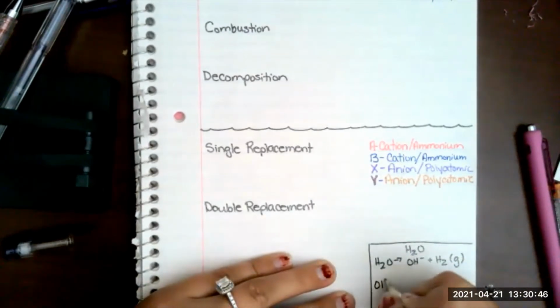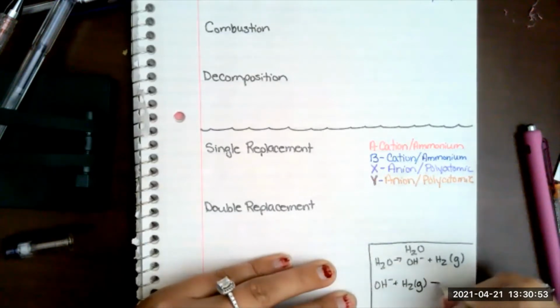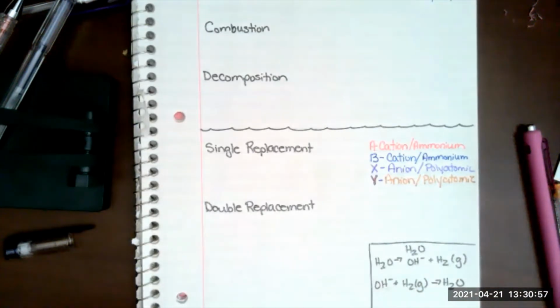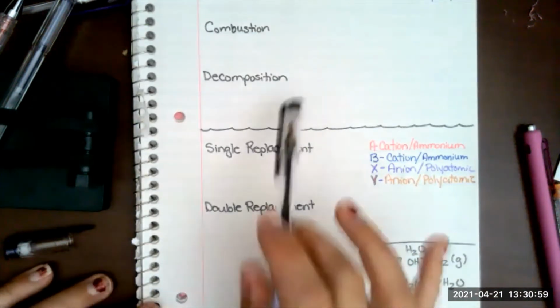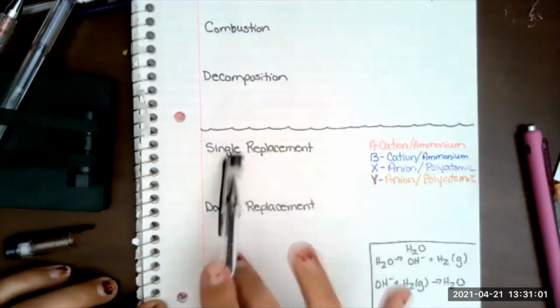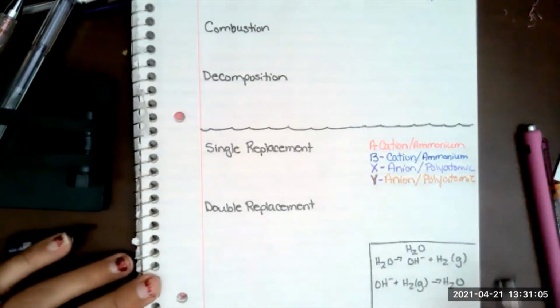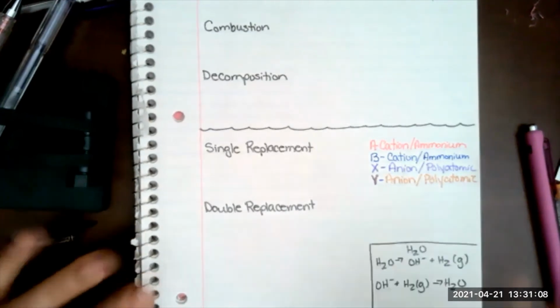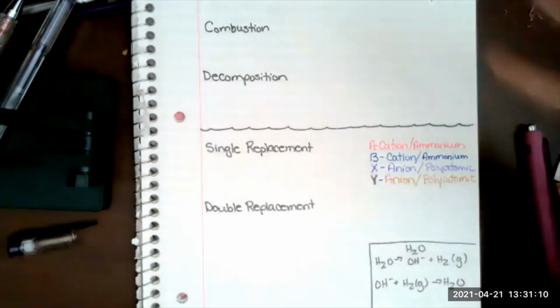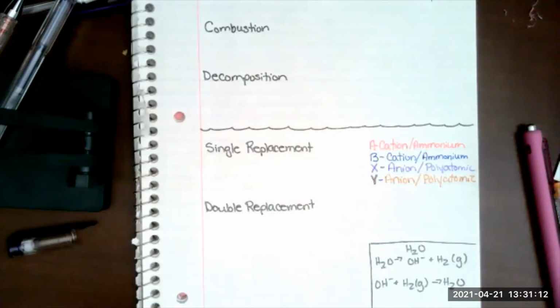So OH and H2 gas might make H2O. And we'll look at this, but this is an important caveat to especially these types of reactions on how things might look different, but you really are being split because of how it's being written. And we'll look at that. But this is our outline for our notes.